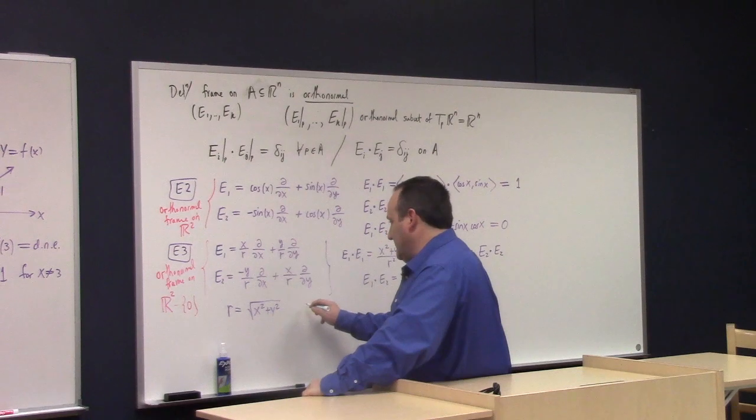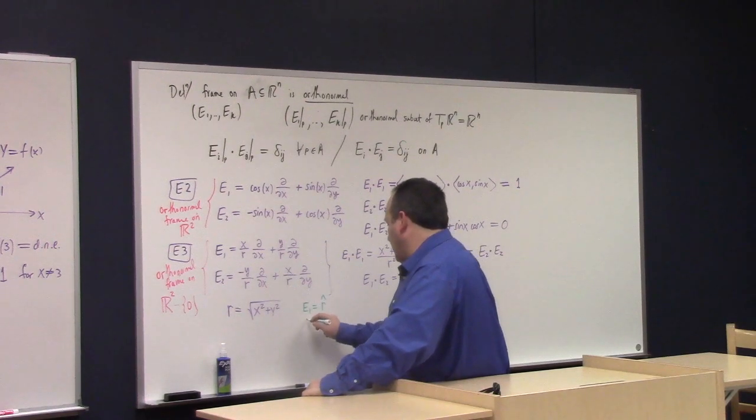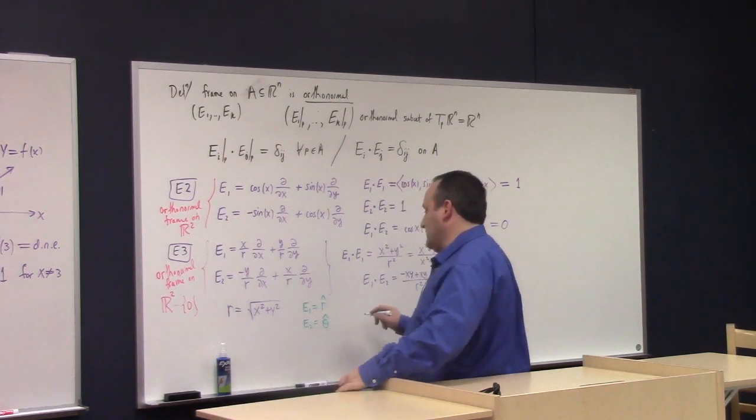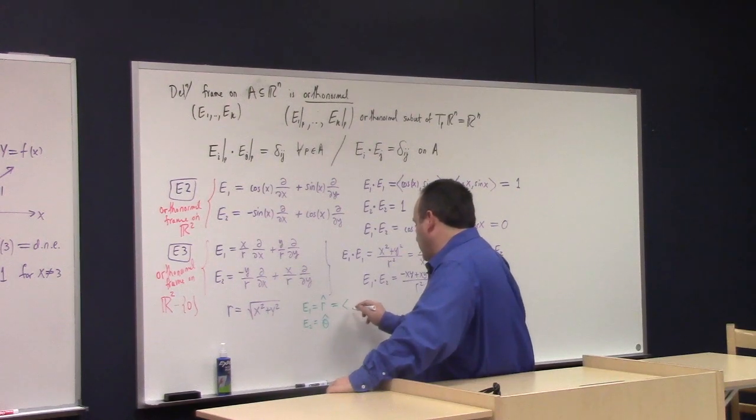In my Calculus 3 notes, my notation is that E1 is what I would call r hat, and E2 of this example is what I would call theta hat. They are the unit vector fields that point in the direction of increasing radius or increasing standard angle in the usual counterclockwise fashion. If you write them in terms of polar coordinates, r hat is literally cos theta, sine theta, and theta hat is minus sine theta, cosine theta.